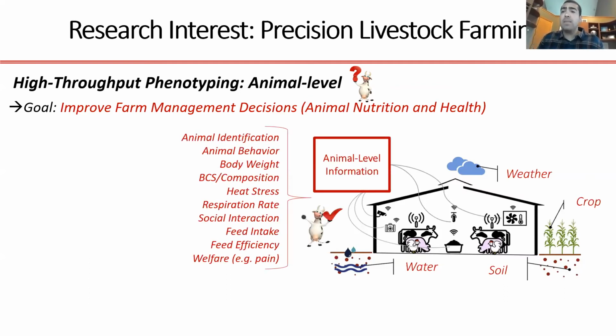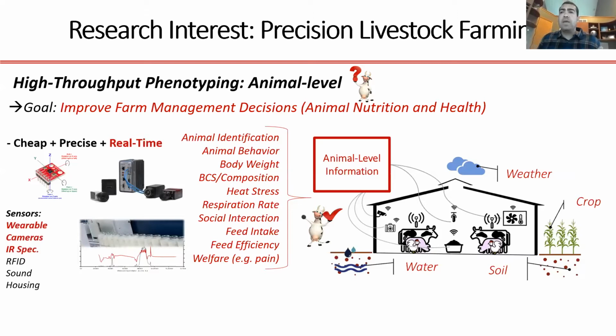When I talk about animal level information, I'm talking about these variables here: animal identification, behavior, growth development through measurements of body weight, and so on. The way we are collecting that information is through technology, and there are several technologies that can be implemented.